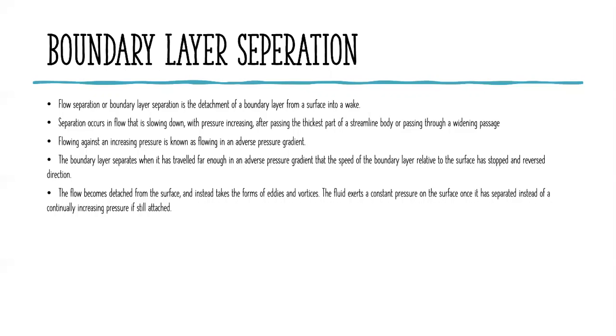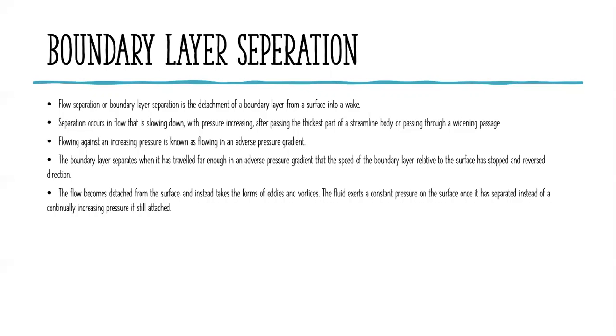The flow becomes detached from the surface and instead takes the form of eddies and vortices. The fluid exerts a constant pressure on the surface once it has been separated, instead of continuously increasing pressure if still attached.